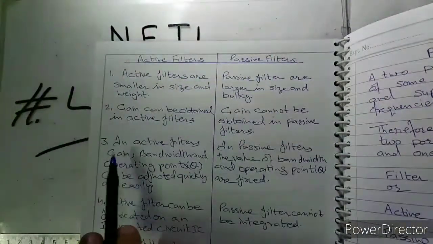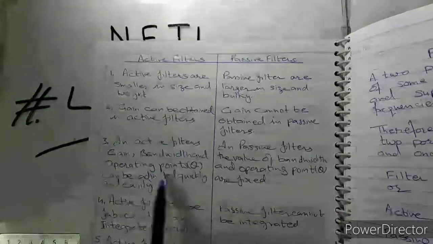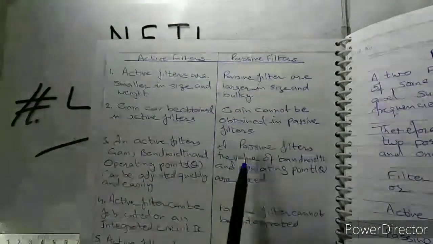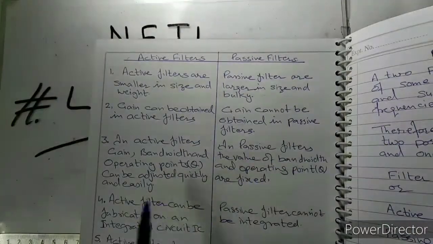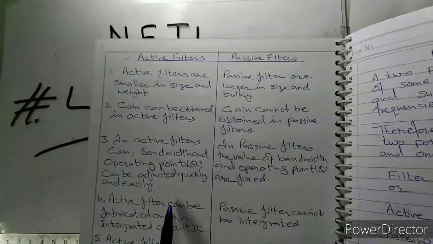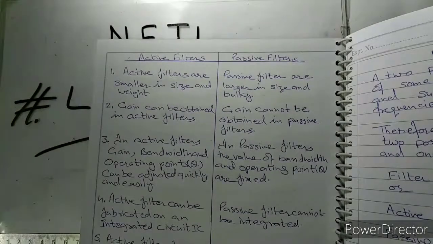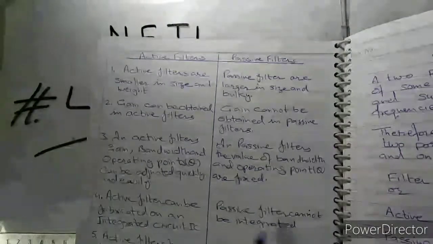In active filter, gain, bandwidth and operating point Q can be adjusted quickly and easily. In passive filters, the value of bandwidth and operating point Q are fixed. Active filters can be fabricated on integrated circuits, whereas passive filters cannot be integrated.